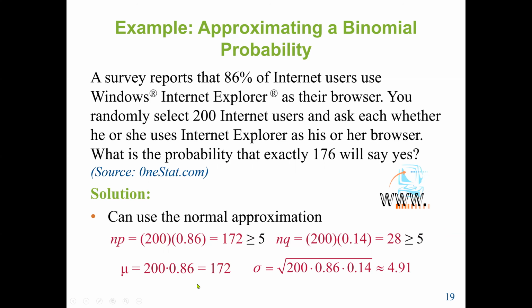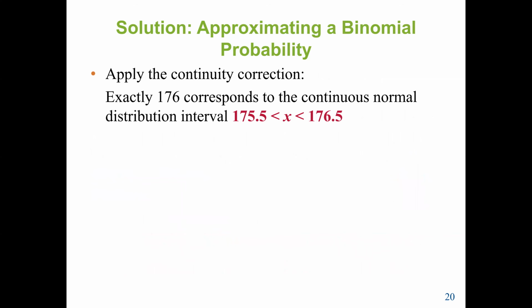I need a standard deviation and the mean. So we find the mean, we find the standard deviation. We do the continuity correction. Again, we're looking for the probability of exactly 176, so to the left we subtract 0.5, to the right we add 0.5. As I said earlier, if the condition said greater than 176, then we use only 176.5.